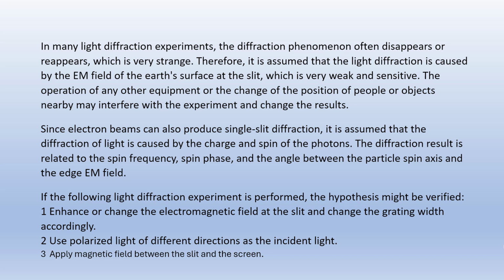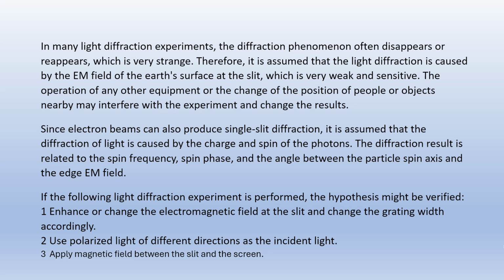In many light diffraction experiments, the diffraction phenomenon often disappears or reappears, which is very strange. Therefore, it is assumed that the light diffraction is caused by the M field of the Earth's surface at the slit, which is very weak and sensitive. The operation of any other equipment or the change of the position of people or objects nearby may interfere with the experiment and change the results.